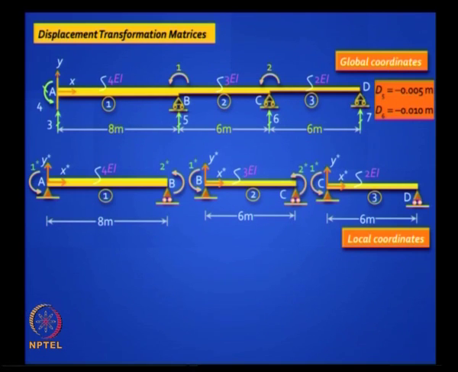Okay, so please write down the transformation matrix. What will be the size of that matrix? It is going to look like this, at least get it right. So for the first element, what is the size of the TD matrix? How many rows will there be? 2 rows for the first element.